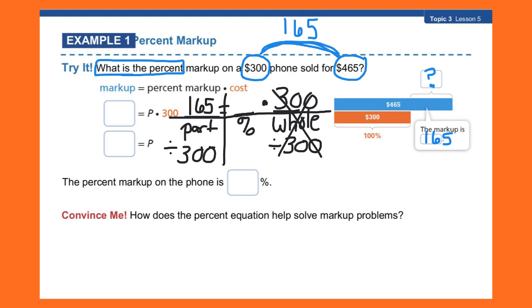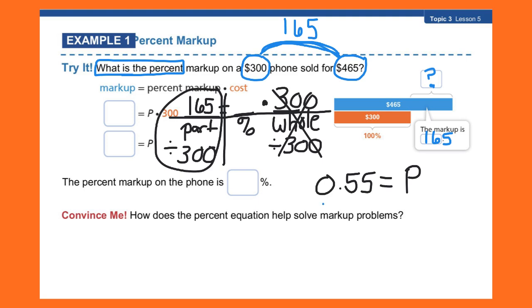So if I bring this down, 165 divided by 300 would give me 0.55 on the left, an equal sign in the middle, and my percent on the right. But remember, if you are going to answer the question, what is the percent?